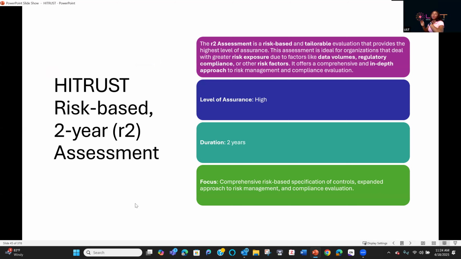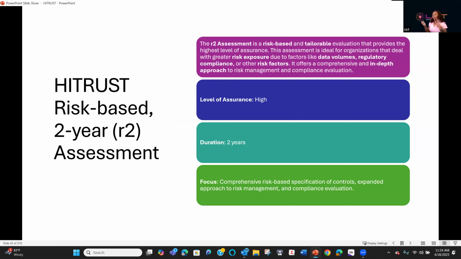First one, we're going to talk about the 2-year certification, which is a risk-based and the most comprehensive type of assessment, known as R2. HITRUST actually has three types. The first one we're going to talk about is the risk-based 2-year assessment called R2. The R2 assessment is a risk-based and tailorable evaluation that provides the highest level of assurance.